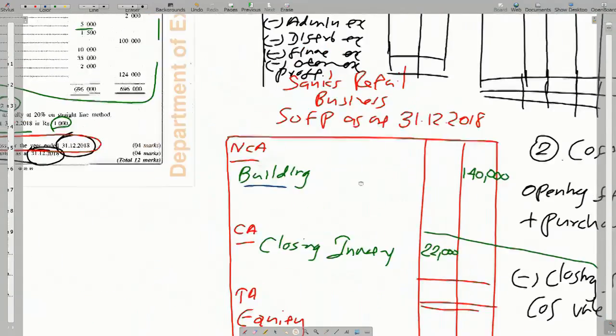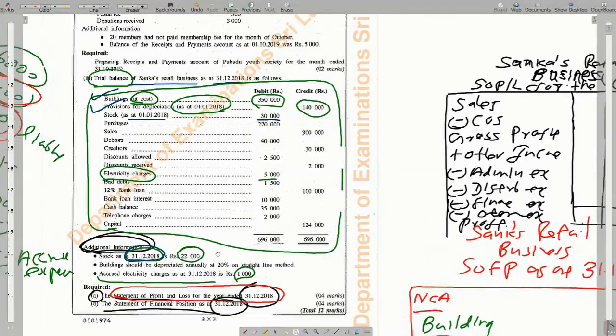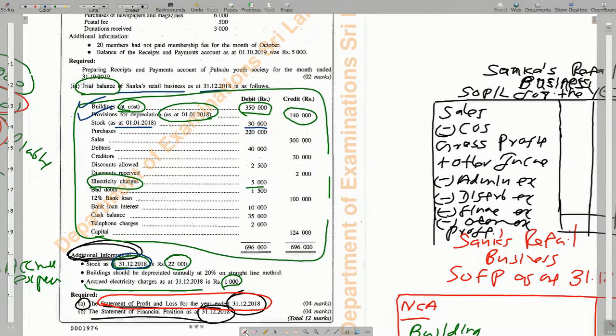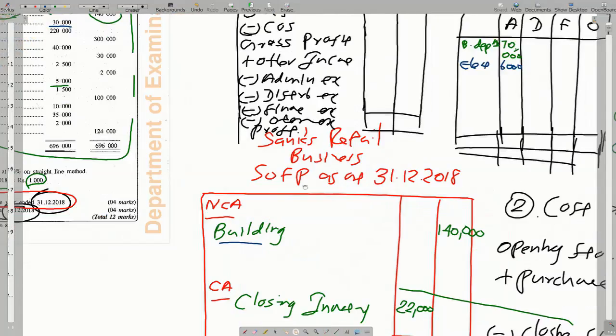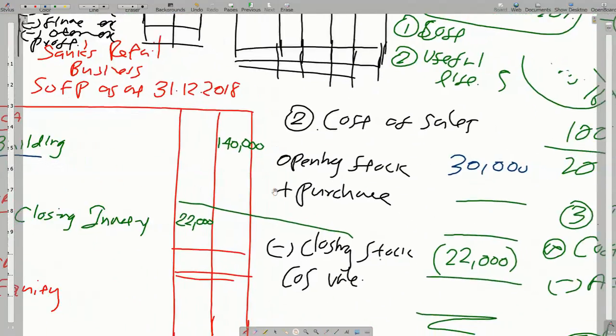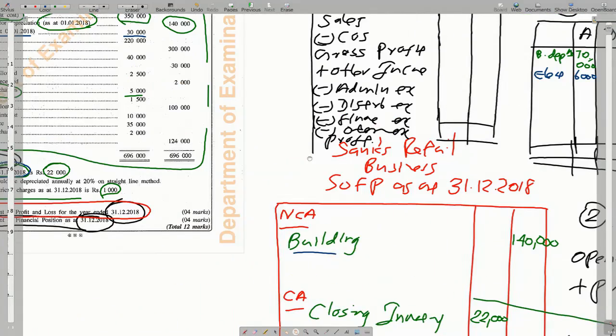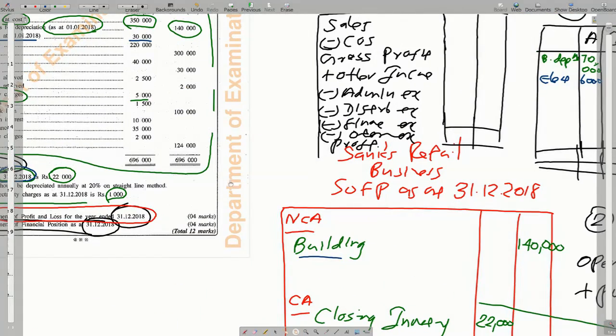Stock is done. Purchases, again cost of sales. Under purchases in cost of sales we are required to identify 220,000. Here you can see purchases, and you add 220,000. Only one entry. So remember the relevant area where you are required to enter these amounts, right?